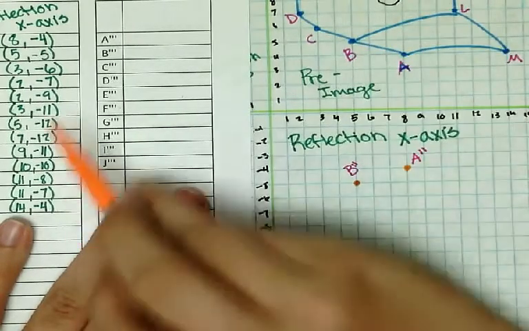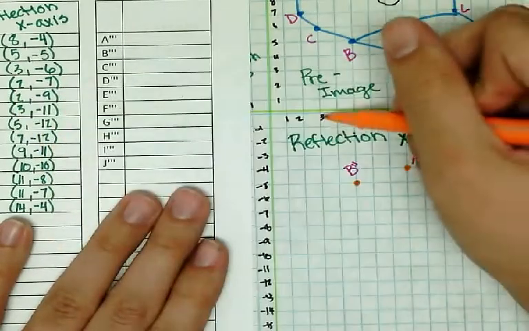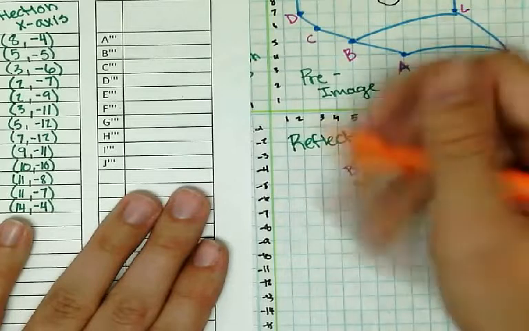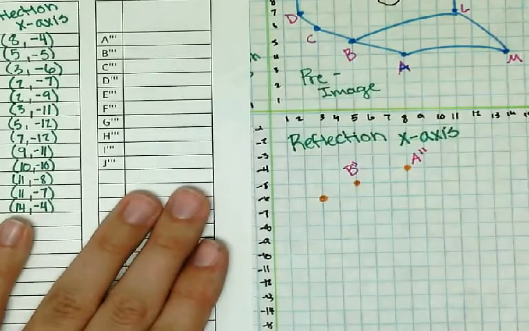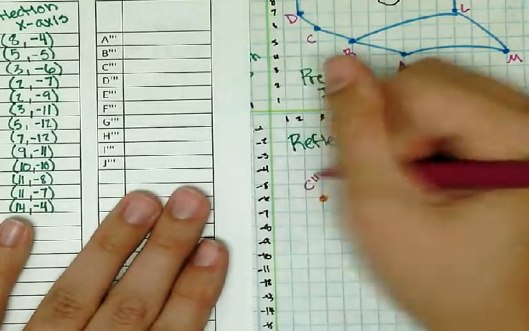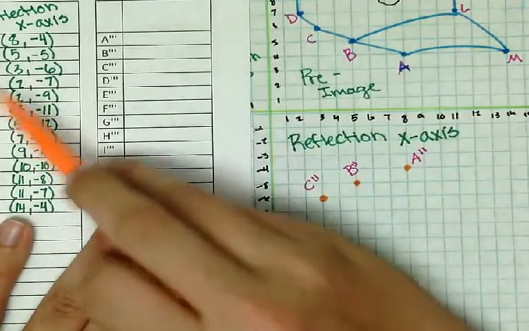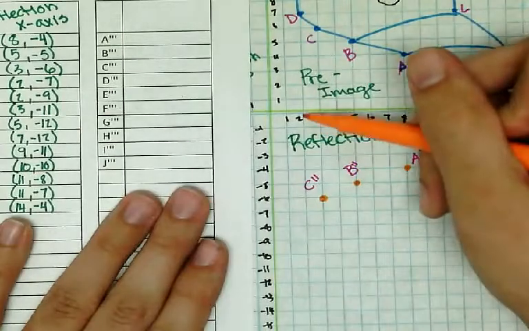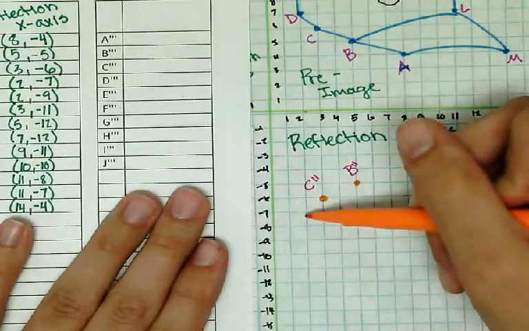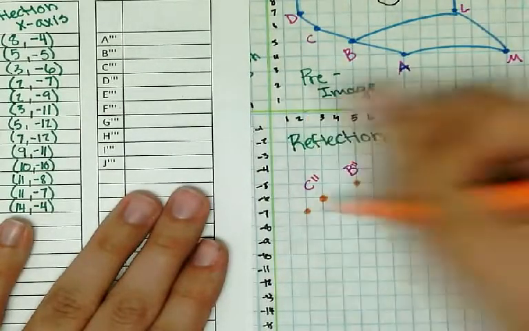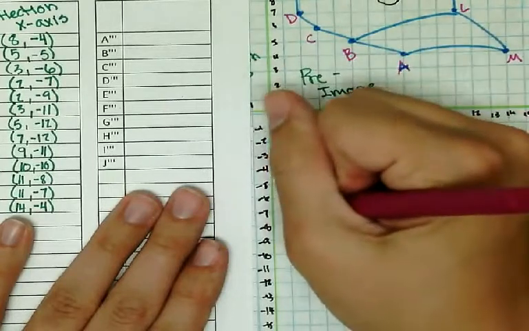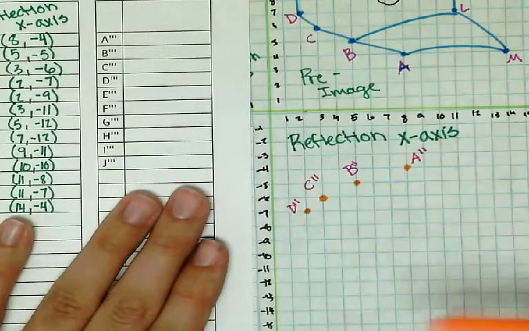Next one is C, 3, negative 6. And let me do one more. For example, D is at 2, negative 7, so here's D. I'm going to go ahead and pause my video. Go ahead and pause yours as well, and fill out the rest of your points, okay?